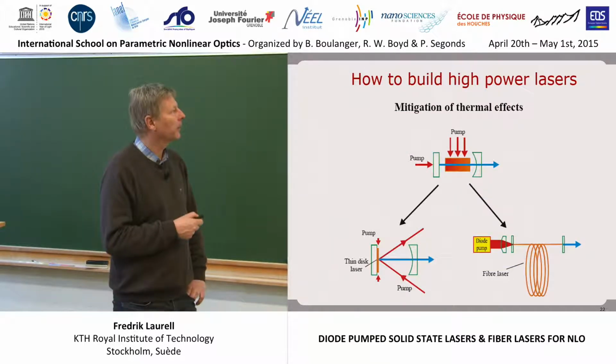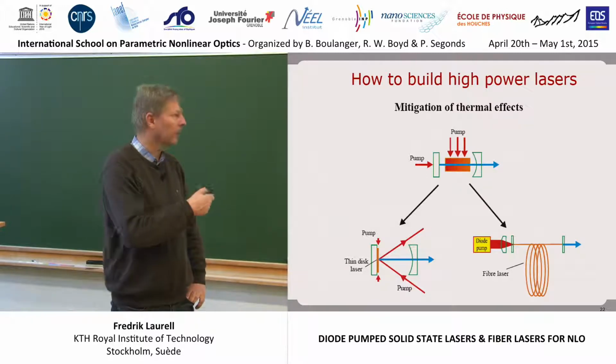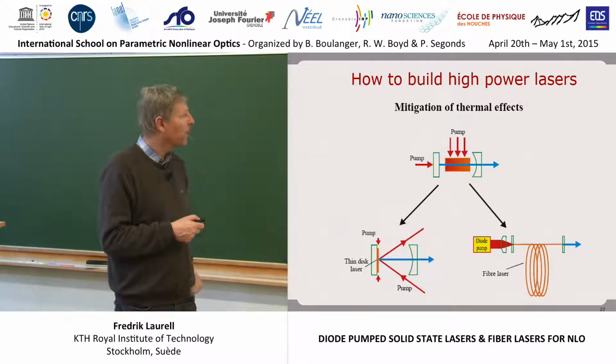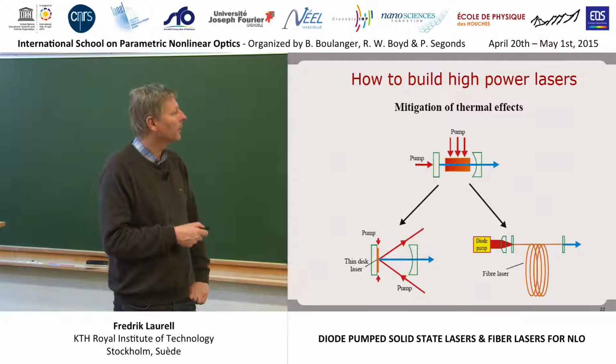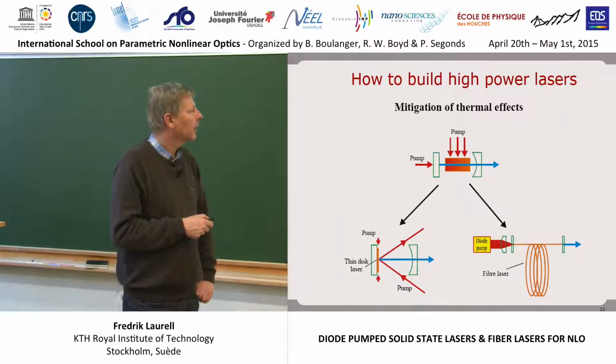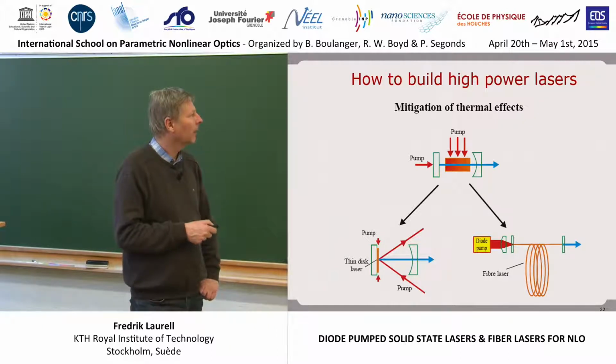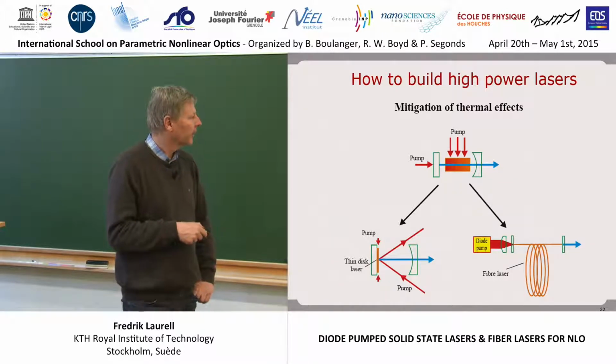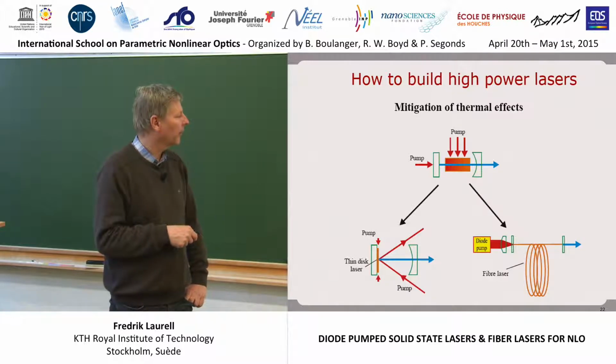If we want to go to high power, then of course this low quantum defect is important because of the thermal problems otherwise induced. The simple first approach is just to pump more and more, and then your laser doesn't work. So you have to take care of thermal management, and the thin disk laser is one such.